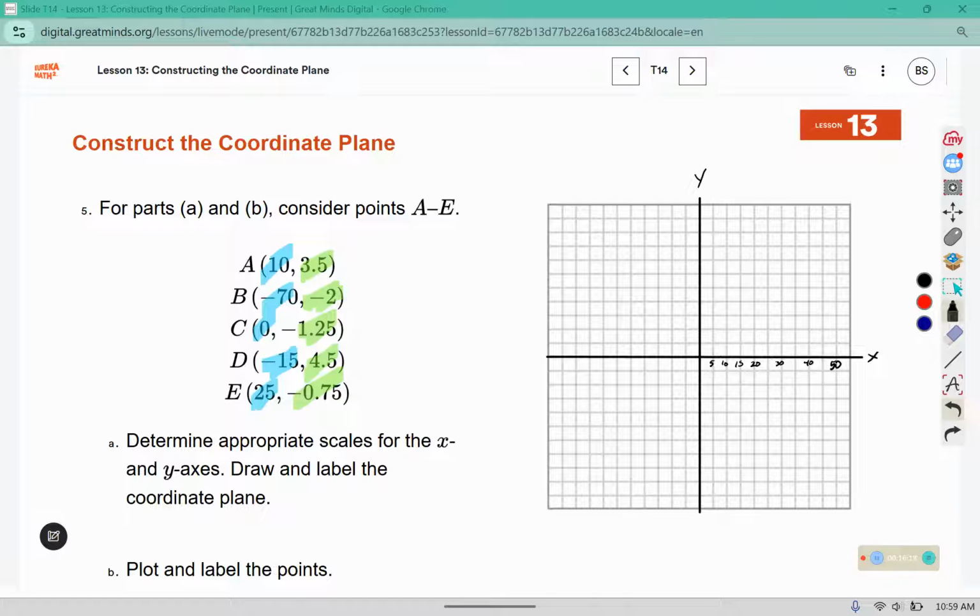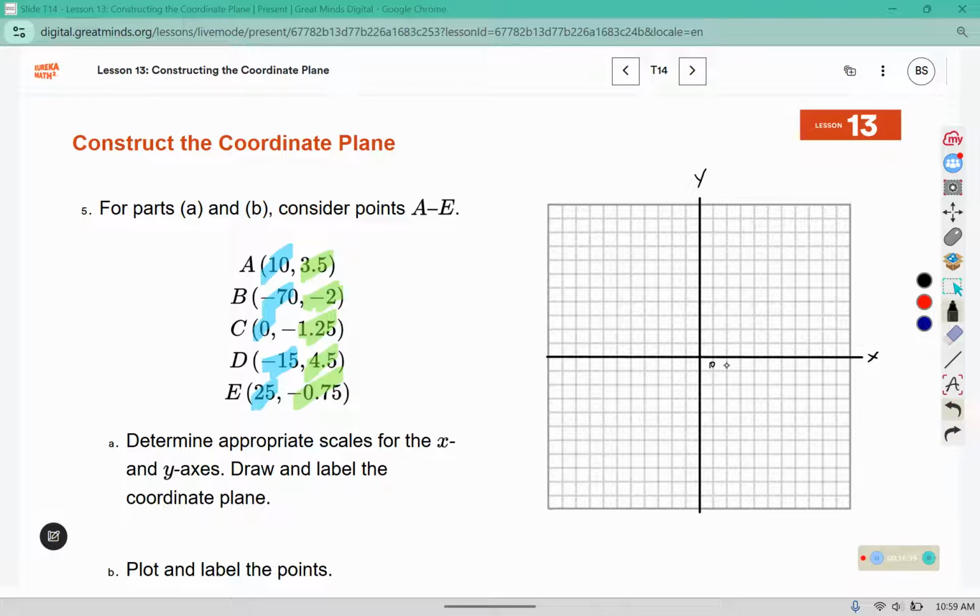Okay, but I've run into an issue. If I go 5, 10, 15, 20, 25, 30, 35, 40, 45, 50, 55, that's not going to reach that number 70, so I'm going to have to adjust. And I am going to count by 10s instead.